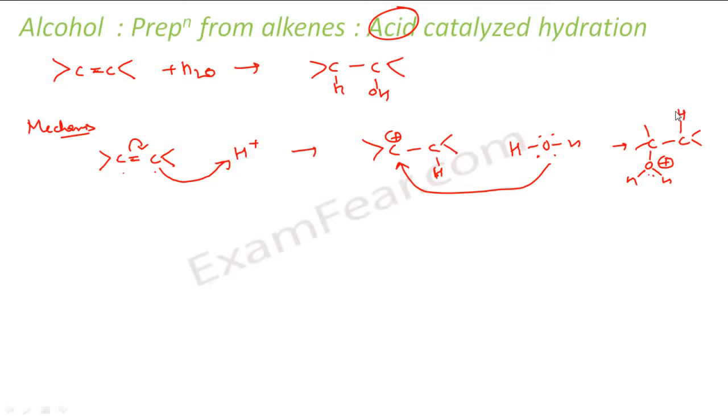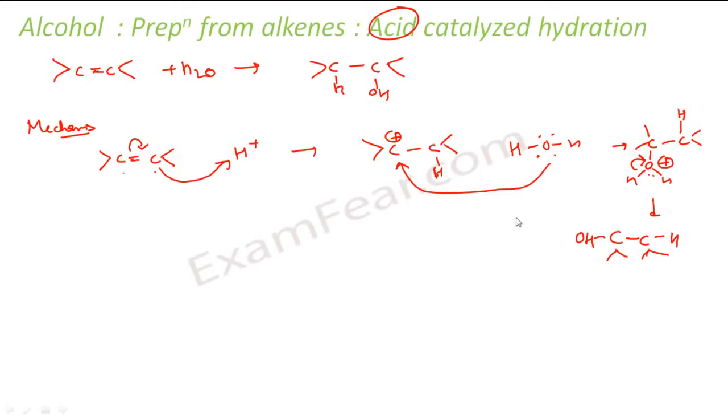And now we have this plus charge on oxygen that is unstable. To get rid of this plus charge, this hydrogen will come out. So what you get is something like this. This is a typical reaction mechanism for this.